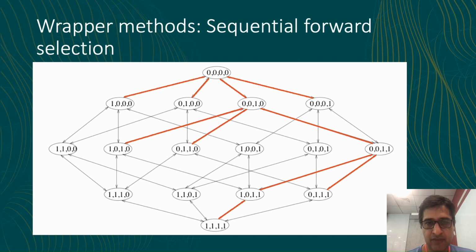In the case of forward selection, you start from 0, 0, 0, 0, and then you pick up that feature in the first stage which gives you the maximum predictive power. Let's say that after having evaluated these 4 combinations, you figure out this one gives you the most predictive power. Then, with that feature selected, you find out which is the next one that gives you the most predictive power. So then you find that features 3 and 4, let's say, give you the most predictive power, and then you pick up the next and so on and so forth. And in this process, you identify at which point you should overall stop.